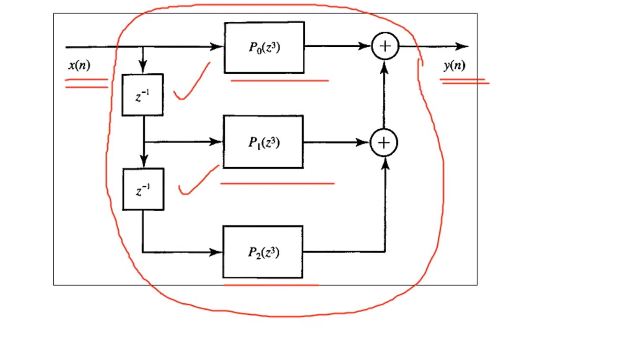Now the transpose polyphase filter structure for the same example of decimation factor M is equal to 3 can also be given, shifting the delays to the other side. So it will carry out the transpose here.